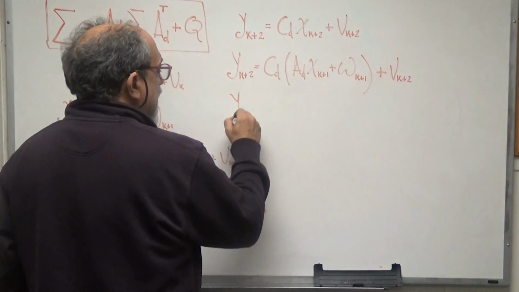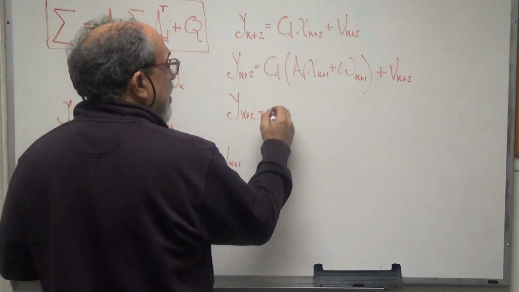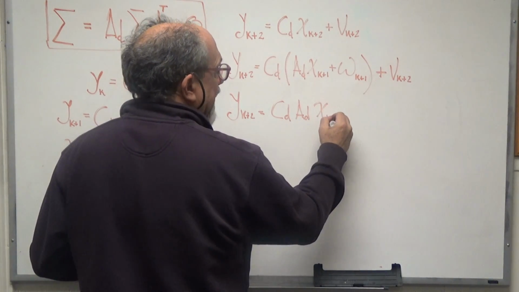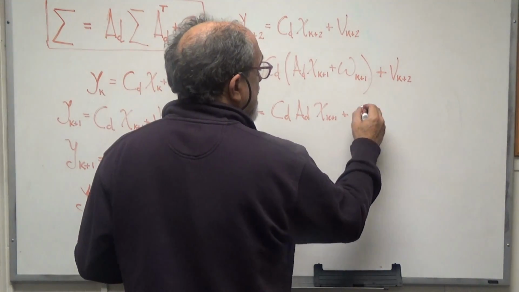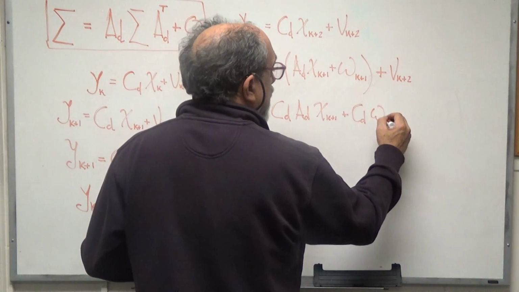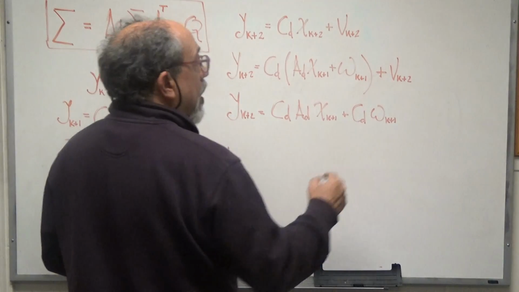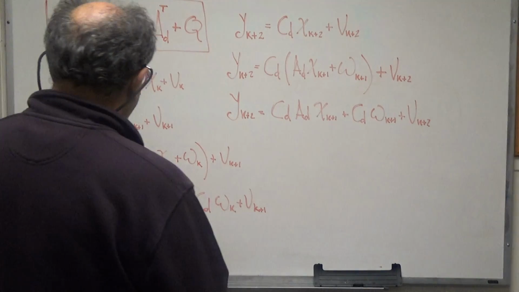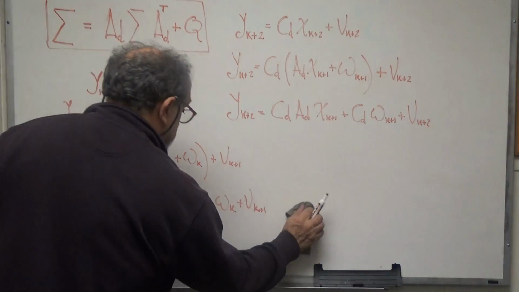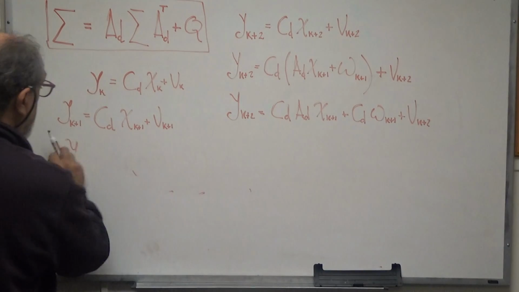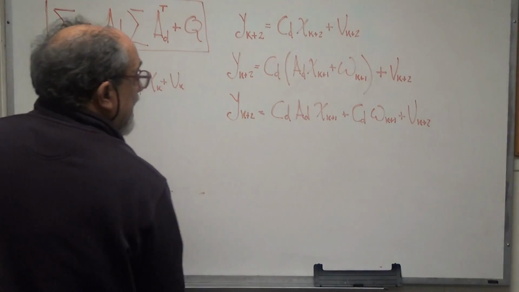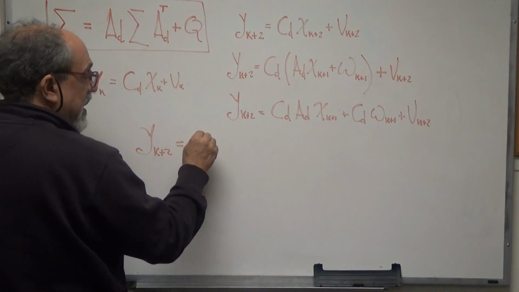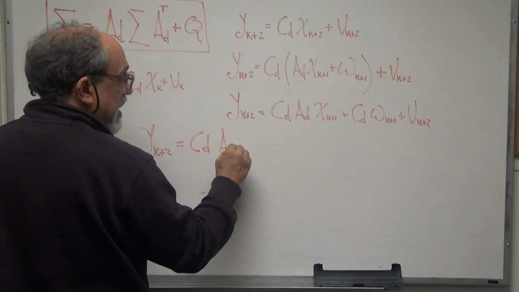Now, that means that y at k plus 2 is equal to CD AD x at k plus 1 plus CD W at k plus 1 plus V at k plus 2, which tells us that y at k plus 2 is CD times AD times x at k plus 1.